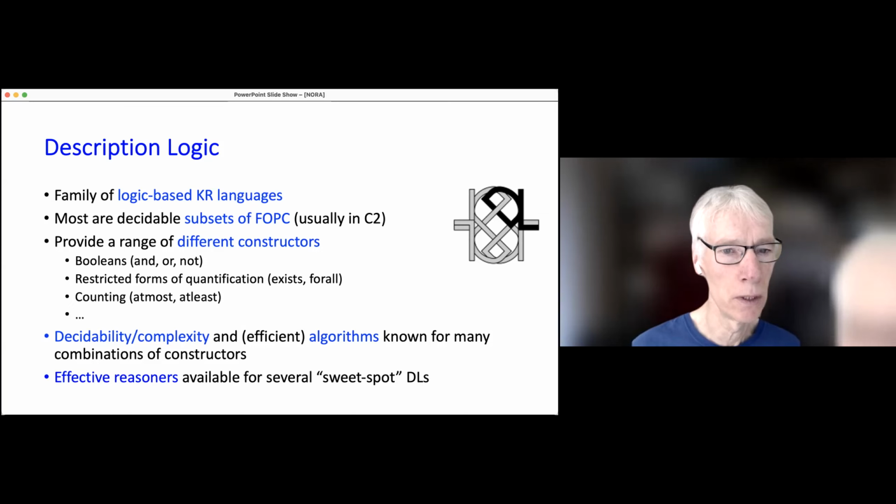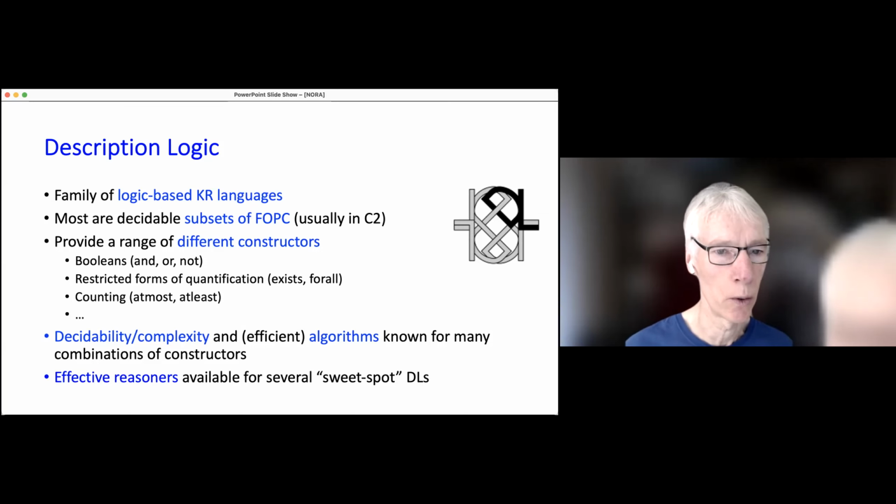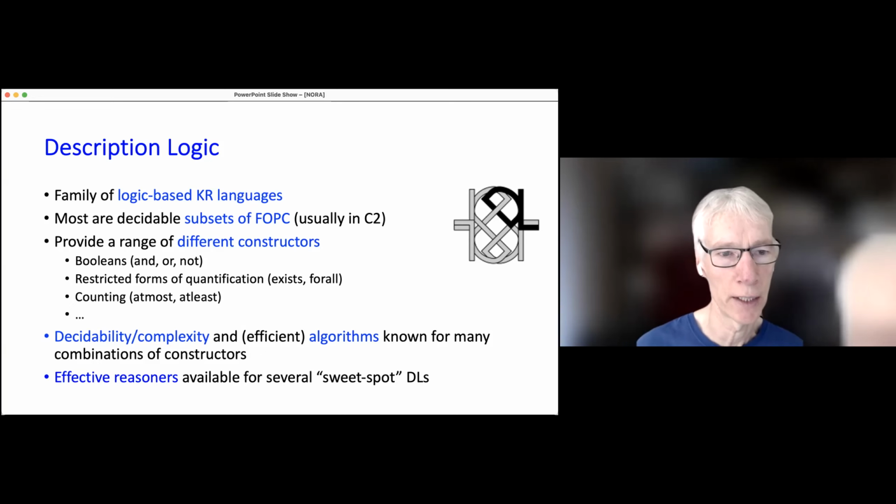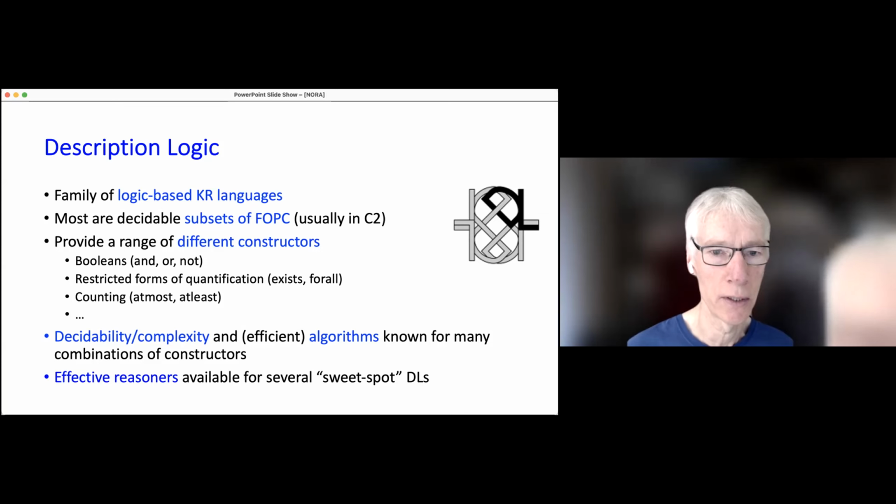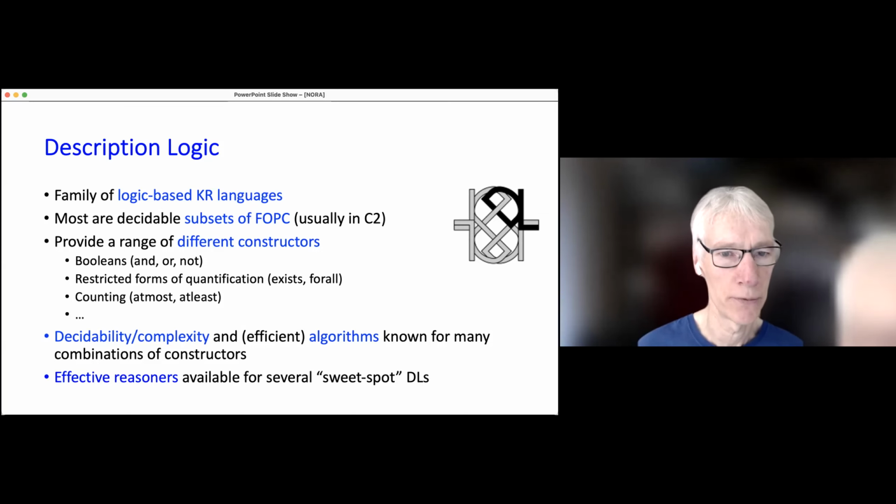And for several description logics that seem to hit these sweet spots where they're quite expressive but not too intractable, people have built highly optimized reasoners that exploit the features of realistic knowledge graphs and that have been shown to work quite well in practice.